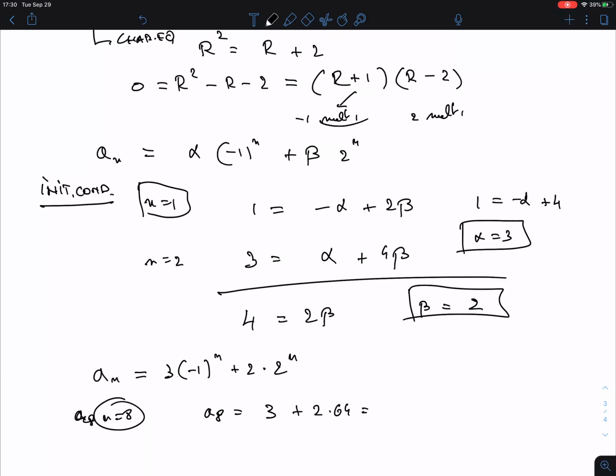So that is 3 plus 2 times 64, that is 128 plus 3, 131. I've probably, again, made a mistake somewhere, but okay, so it's quite a lot of ways that you could do this, right?